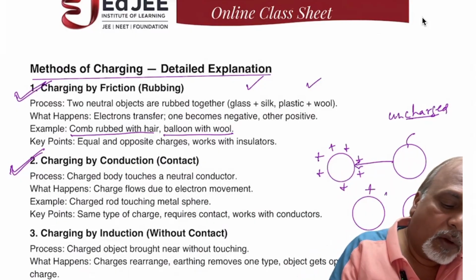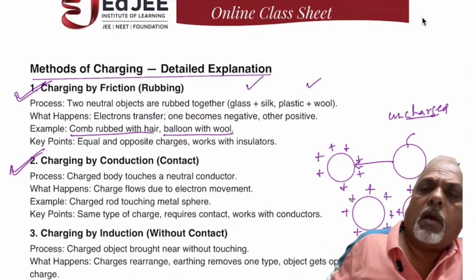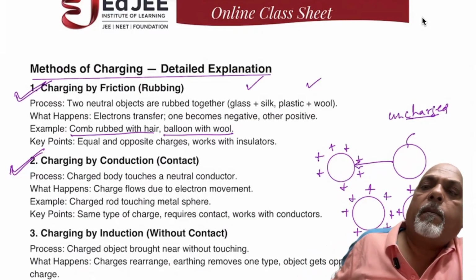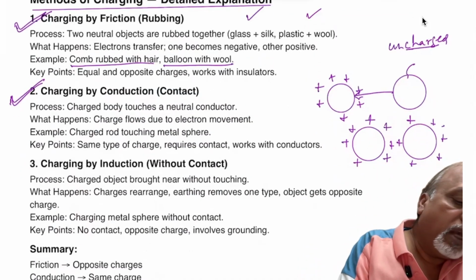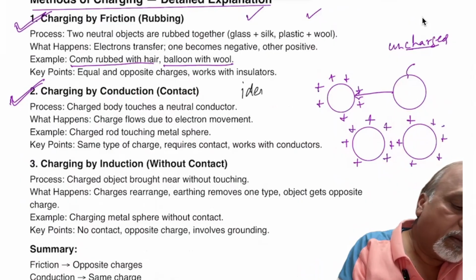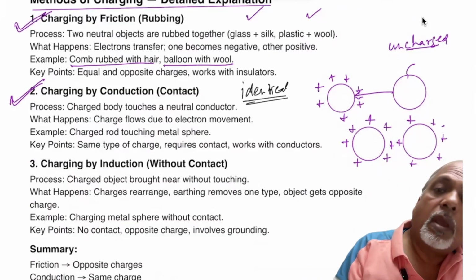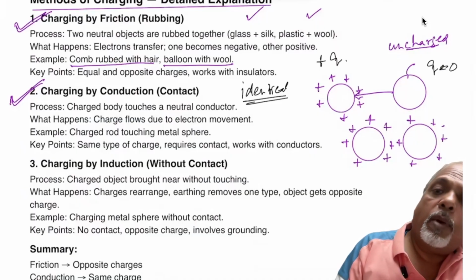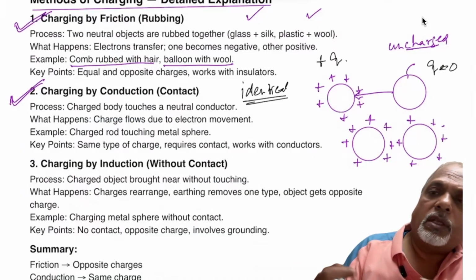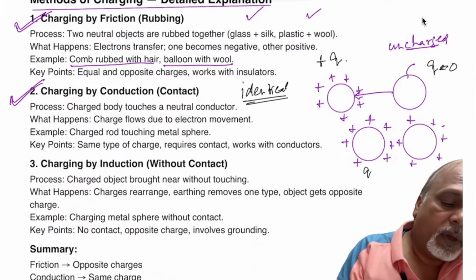Charge will be transferred to both. Of course, if they are identical bodies, then an equal amount of charge. Suppose you have plus Q charge here, and Q is 0 here. If both bodies are identical, you touch them and move them apart, then it will have Q by 2 and Q by 2. Okay?